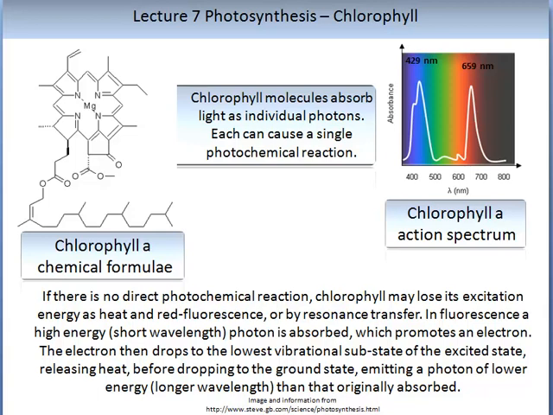The electron then drops to the lowest vibrational substate of the excited state. So these are the technical chemical terms for what is going on. Once the electron has fallen, it releases heat, and then it drops to its ground state, emitting a photon of lower energy or longer wavelength than was originally absorbed.